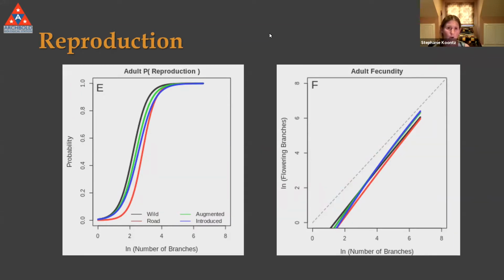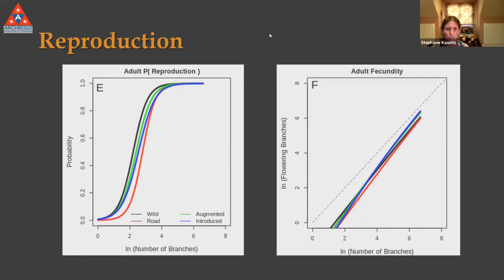And what we have now, on the left, is your probability of reproduction. So based on your size, were you going to flower that year, yes or no? And that's a changing probability scheme. What we can see looking just at this one first is the kick out of that red line for road populations. They had to be larger to increase their probability of reproduction, so they had to be larger to even start to flower.